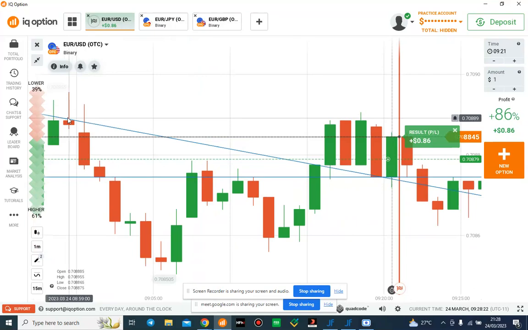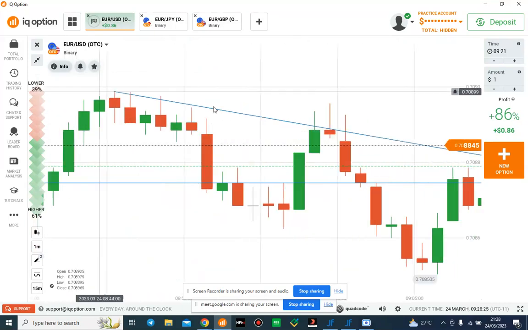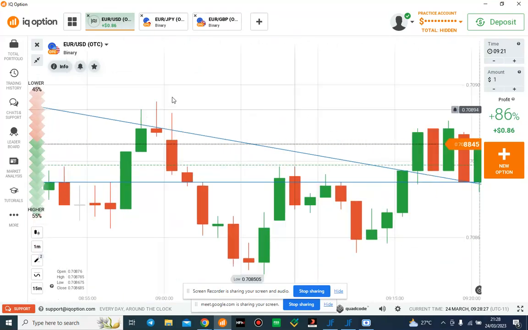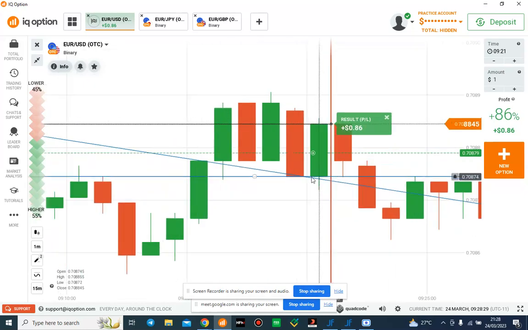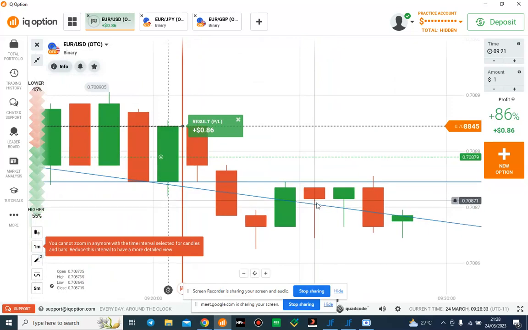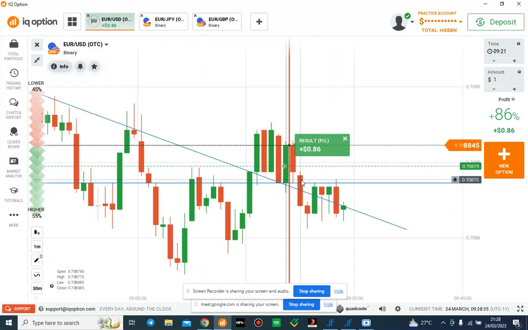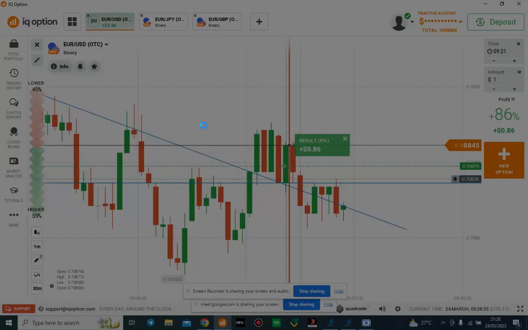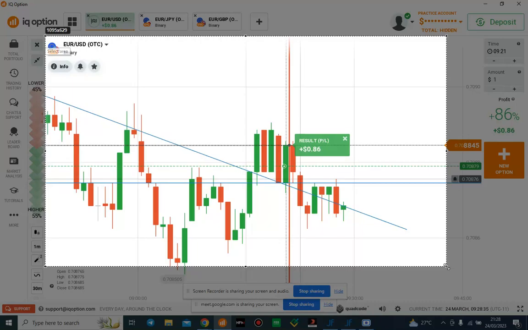The trend line, you can see a resistance, and here it becomes a support, the trend line, and here also it becomes a support, the trend line. So I have understood what the market is trying to do.